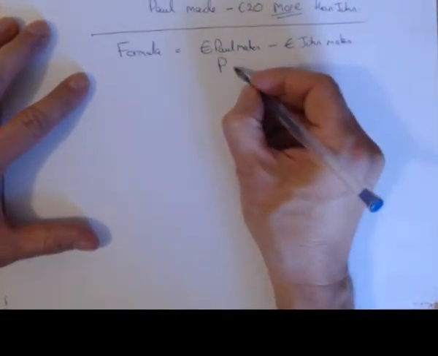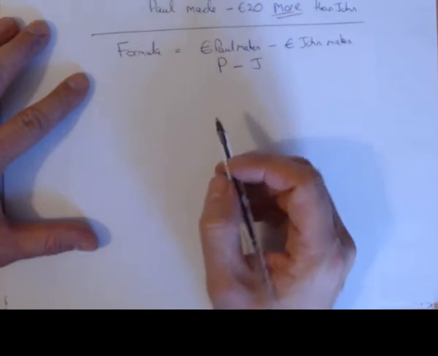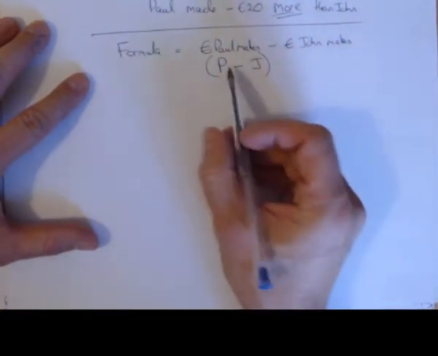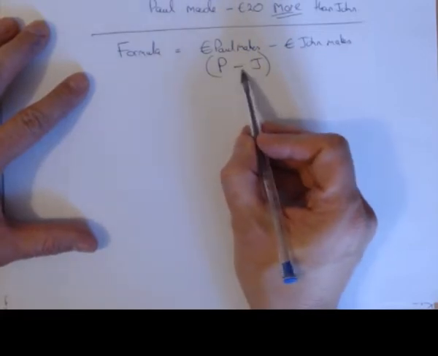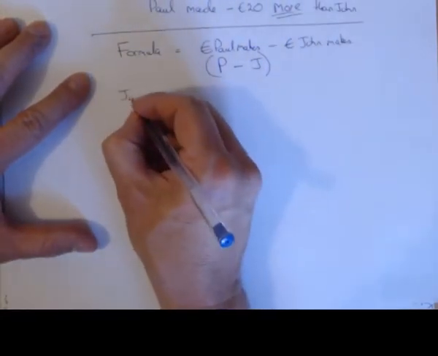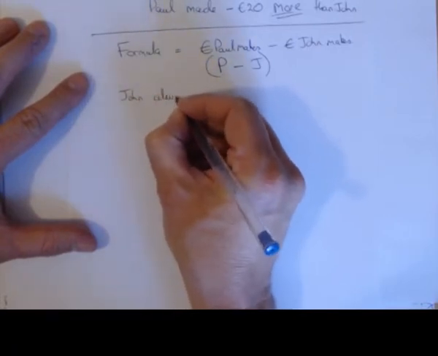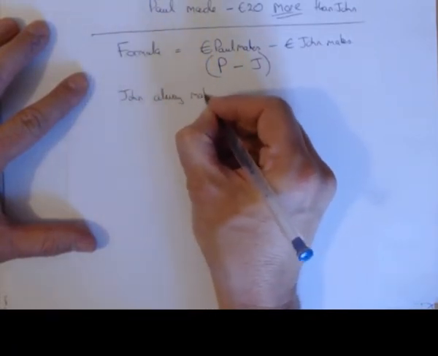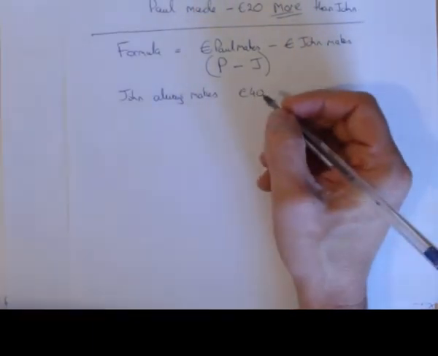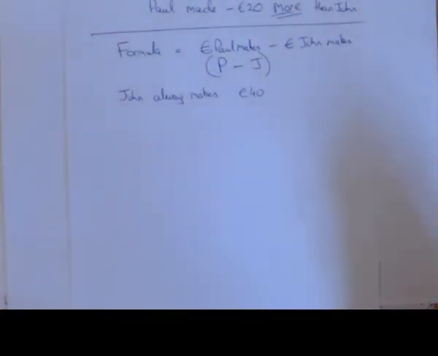I mean, we might use the letter P for how much money Paul makes and J for how much money John makes, and we get this formula. The amount of money that Paul makes less the amount of money that John makes. That's our formula. In the question, it might say that John always makes €40 because that's what he's paid for his day's work.